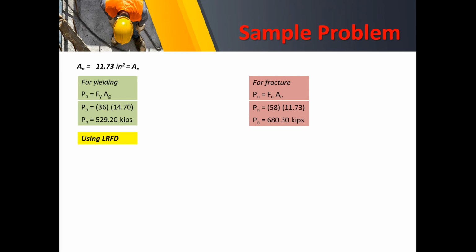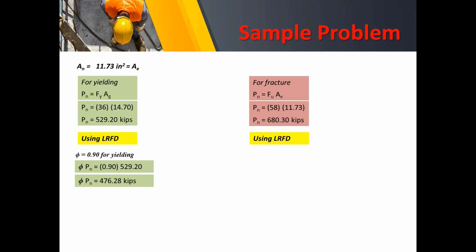Now using the load resistance factor design, you just have to multiply a resistance factor of 0.9 for yielding. So phi Pn, or the design strength, will be 90% of 529.2, and that will be equal to 476.28. So we do the same for fracture using LRFD. We have the resistance factor of 0.75 for fracture.